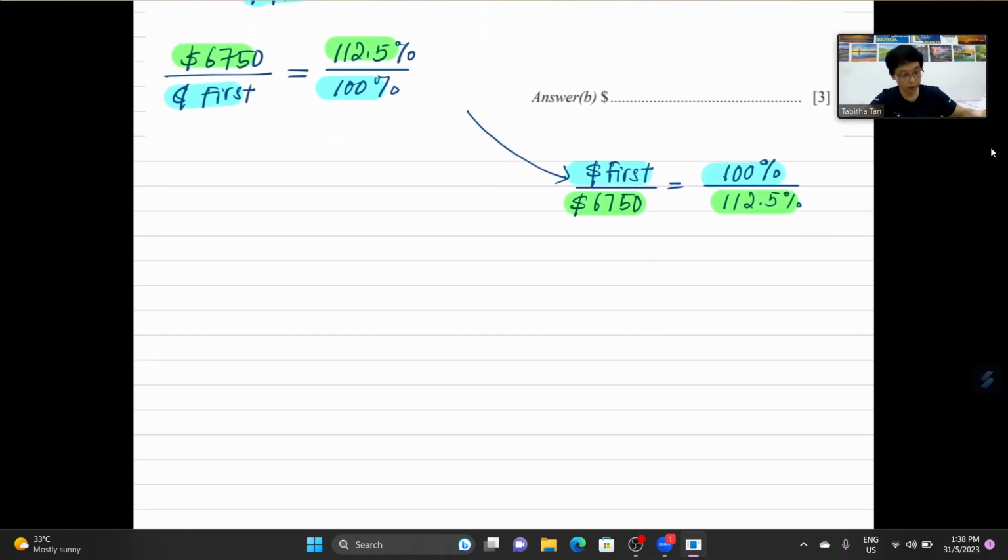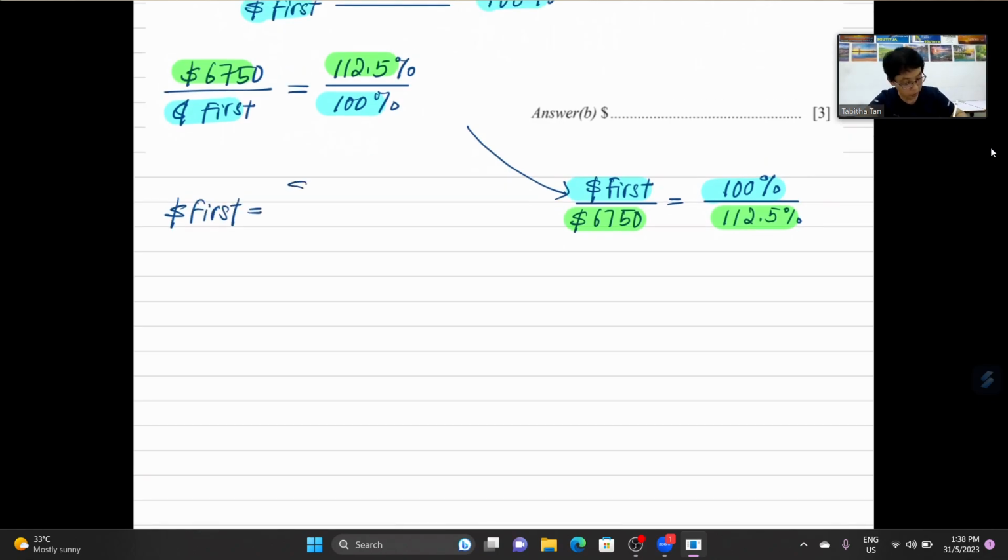Okay, so with that, from here you can come to the similar steps. This one you may do like, up to you how you want to manipulate and solve this. You can do this as 6,750 divided by that 112.5 divided by 100.